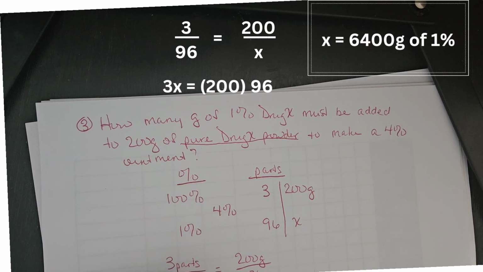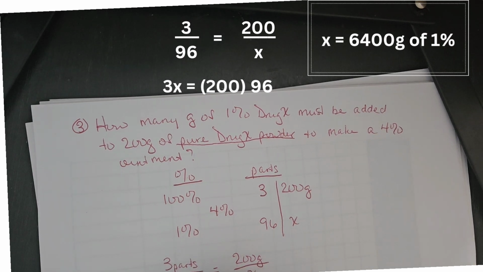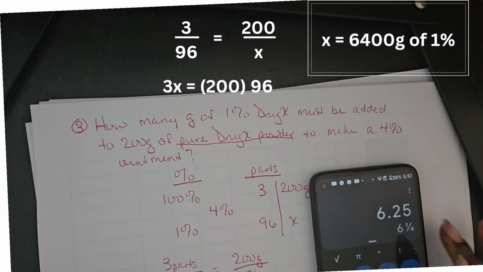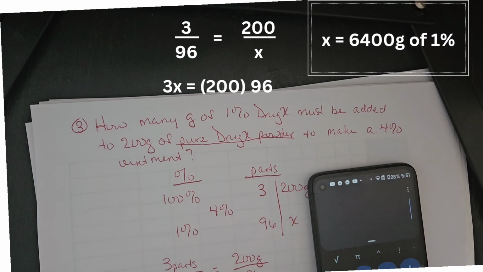And I used to do this as a shortcut. Now, I could cancel the 3 and the 96, but I'm not going to do that right now. 200 times 96, divided by 3, equals 6,400.